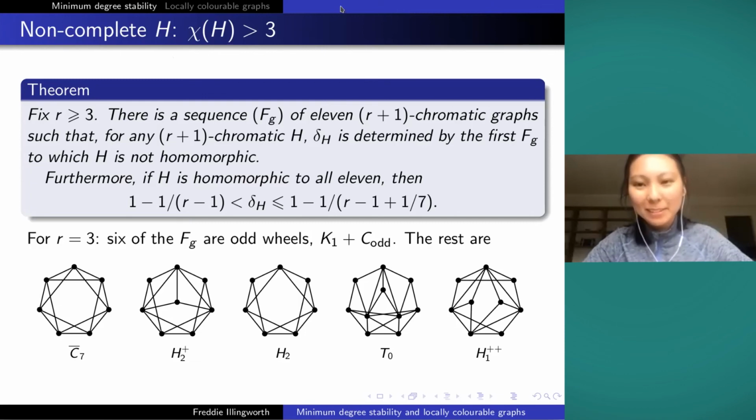Maybe I could ask one actually. Could you do some of this analysis with, instead of minimum degree, average degree, or maybe a different property? You've talked about number of edges and minimum degree here.